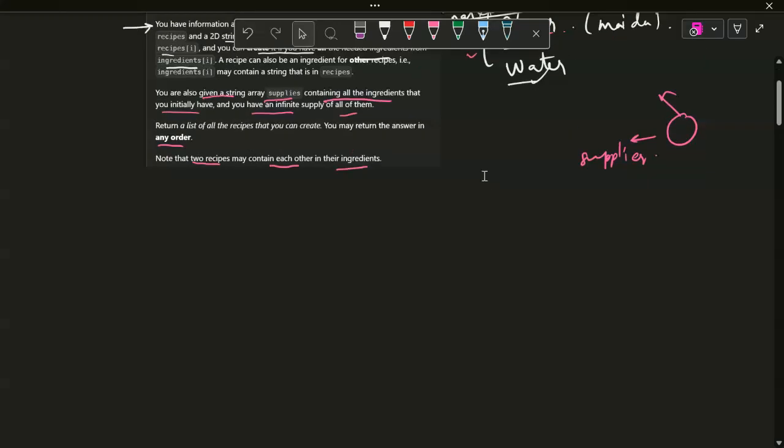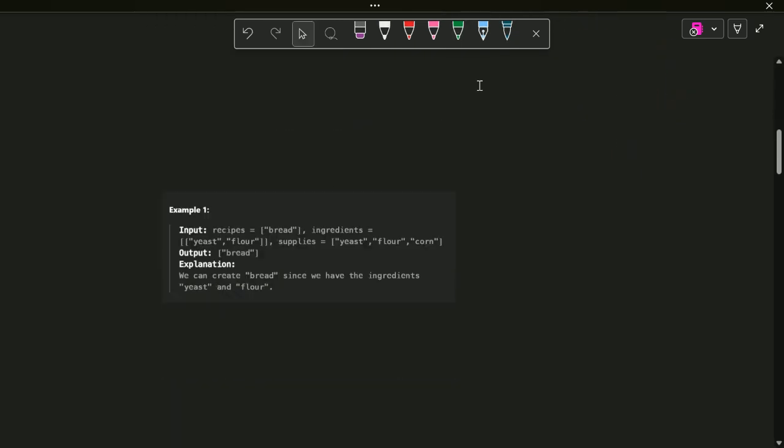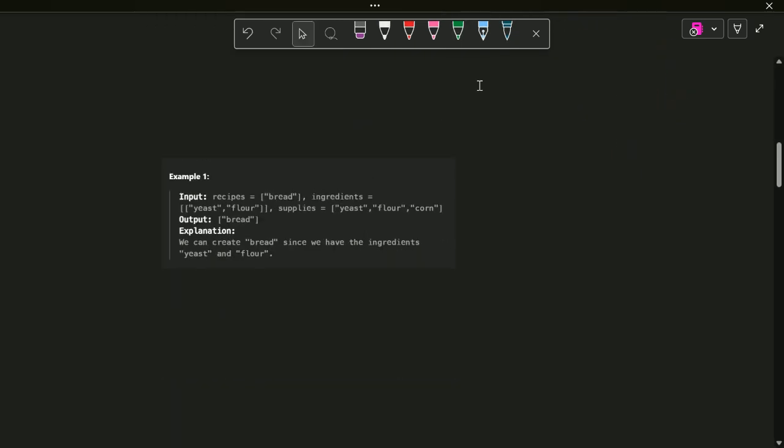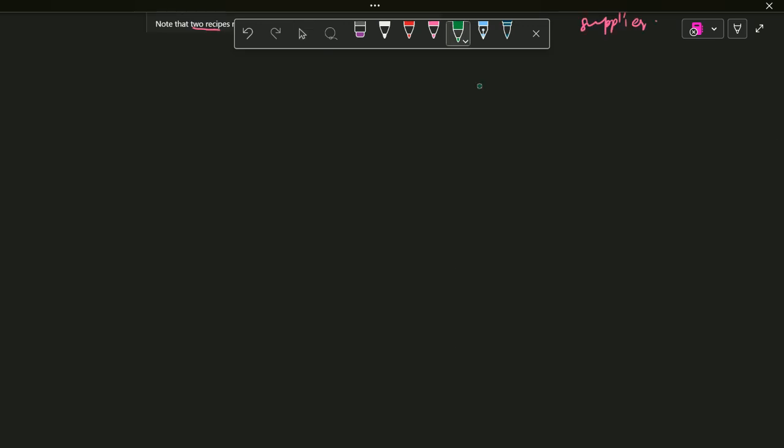Now I think the problem statement is clear, but somewhat we haven't got the idea about this problem. Let us see how I got the idea, with an example. For preparing bread, we require yeast and flour. These are the two requirements.